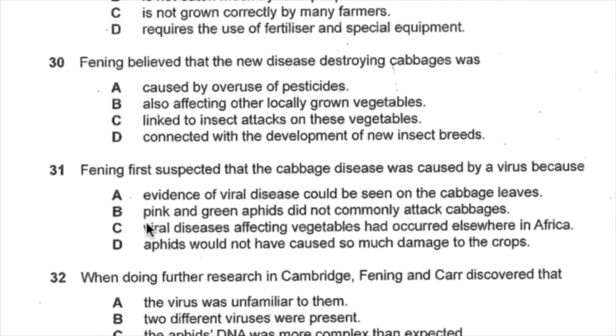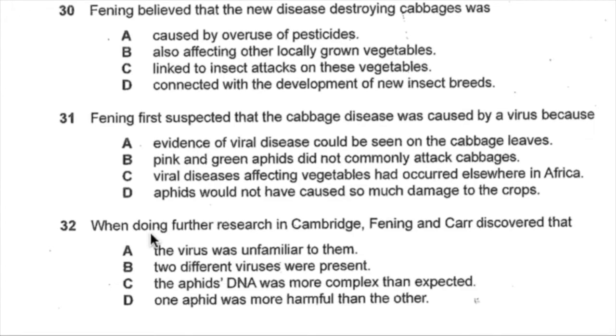Sometimes if you're not able to find the answer, you still have to eliminate, and if you're sure that A, B, C can never be the answer, then in most probability D is going to be the answer. Let's come to 32. When doing further research in Cambridge, Fenning and Carr discovered that the virus was unfamiliar to them.